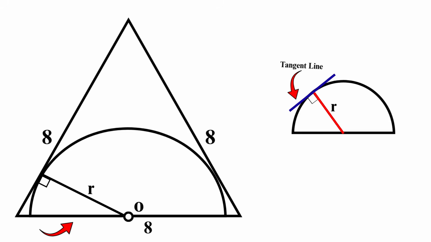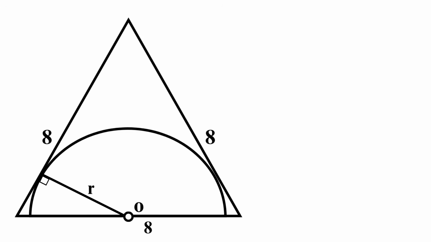First, the hypotenuse. Since the base of the triangle is 8 units, and point O is at the midpoint, the distance from center O to the bottom corner of the triangle is half of 8, which is 4 units. And this distance becomes the hypotenuse of our right triangle.